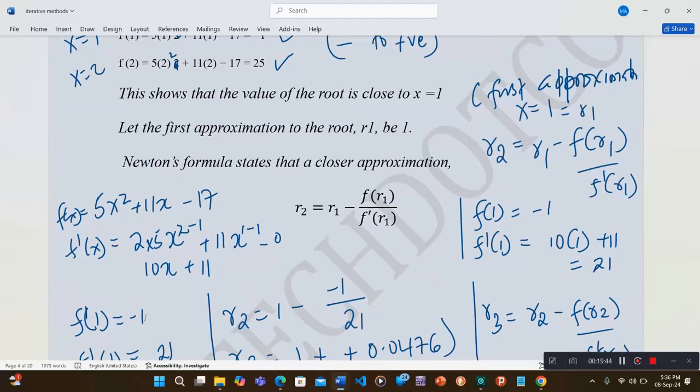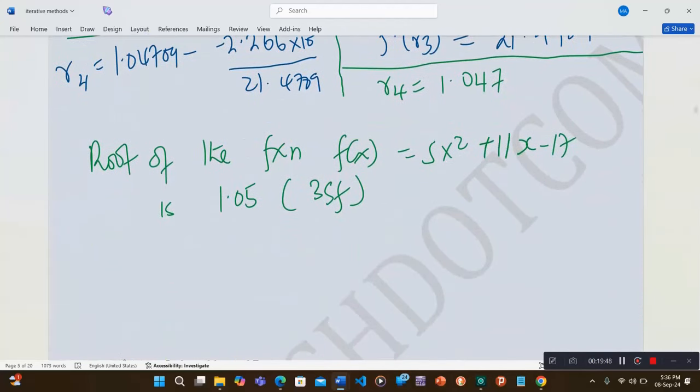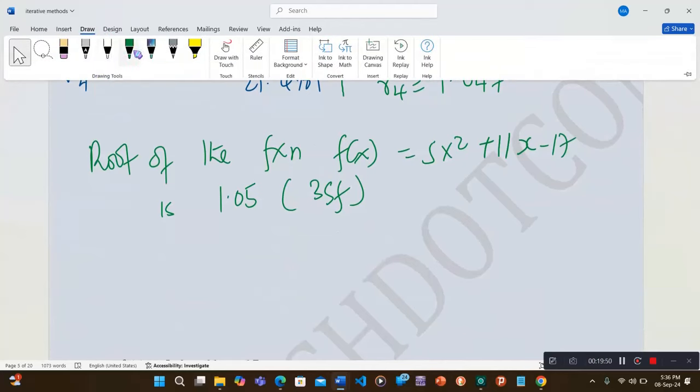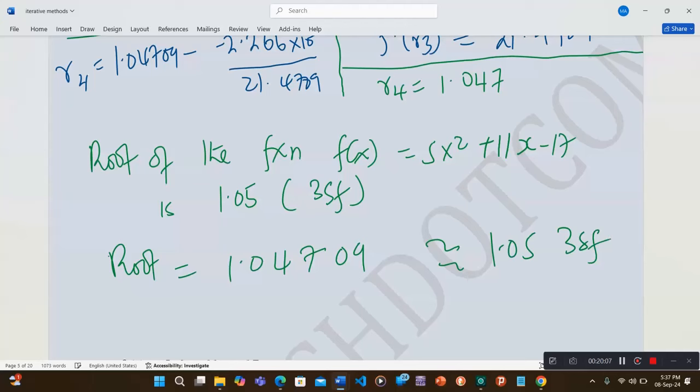When I calculate from the calculator, I see that the root is equal to 1.04709, and this is approximately 1.05 if we use 3 significant figures. So this is from the calculator, and this is from Newton.